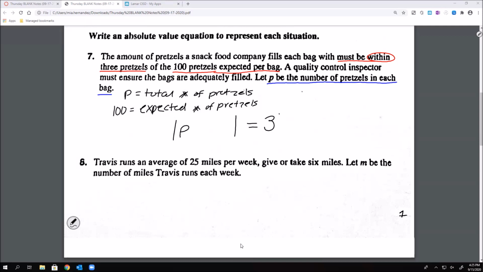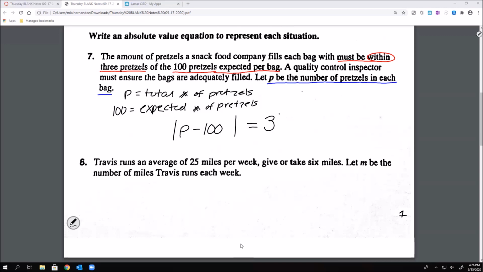So we're going to say P and then minus my expected number of pretzels, so P minus 100. So all this says is to write our absolute value equation to represent this. In number 7, our absolute value equation would be the absolute value of P minus 100 equals 3.